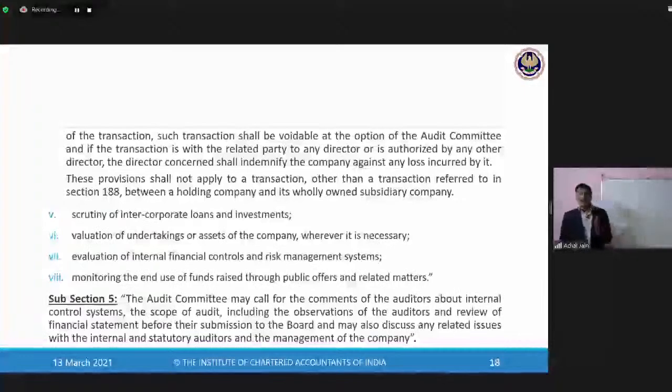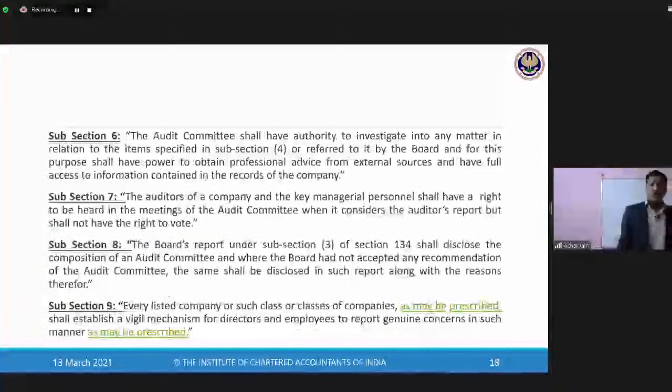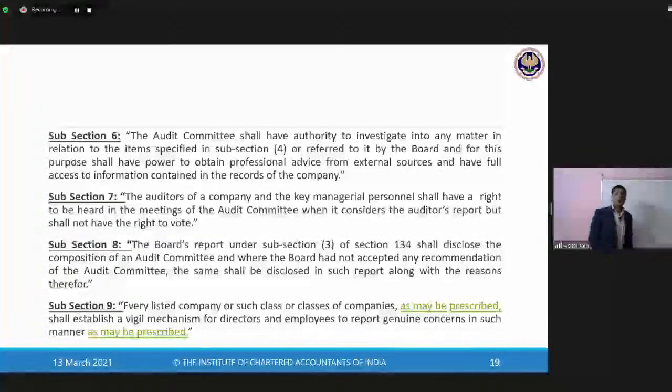And will this really be relevant on the part of the audit committee? Yes, very relevant. Why? Because as regards the process related to this audit, it's on to the audit committee completely. Clear? Yeah. Moving further.